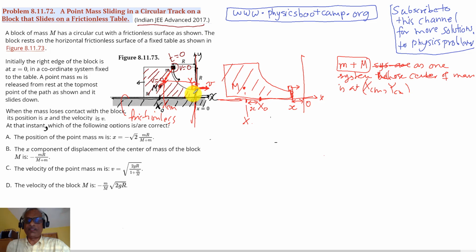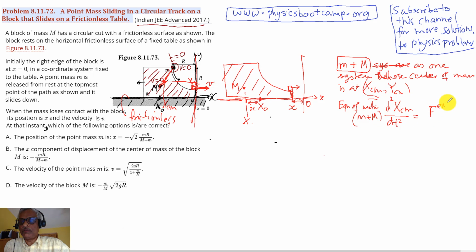We're not going to be concerned with YCM, but suffice to say that when you look at the XCM, the equation of motion for XCM will be d squared XCM dt squared times m plus big M, total mass, equals the x component of any external force on it.